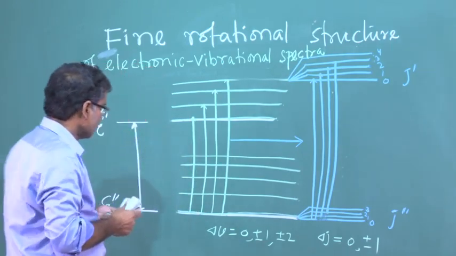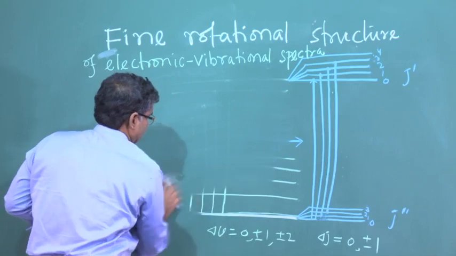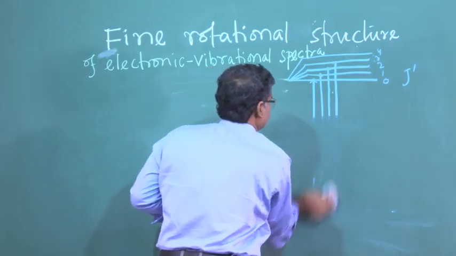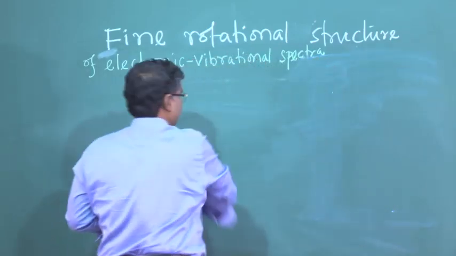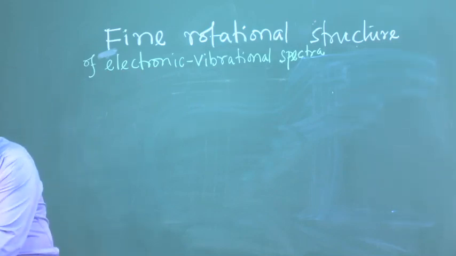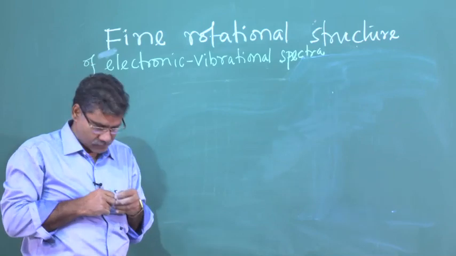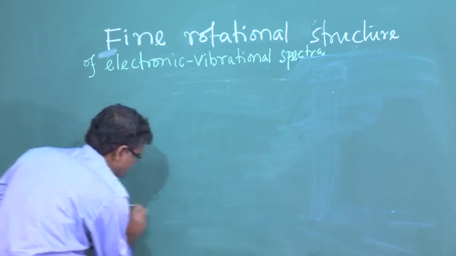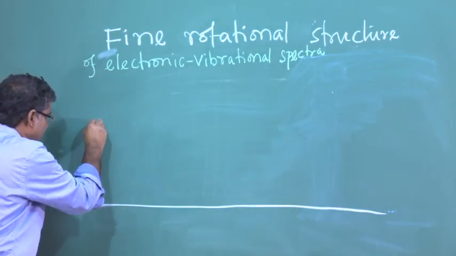So, ultimately, what will we see? When you see the electronic spectra, we will get spectral lines.